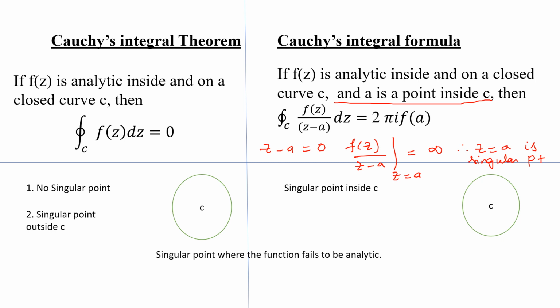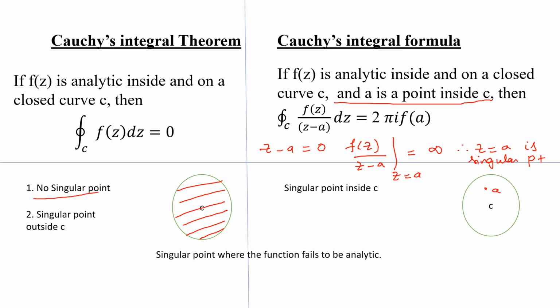Now this singular point a lies inside C. This is what Cauchy's integral formula states. Whereas in Cauchy's integral theorem, there are no singular points. That is the main difference between the two.